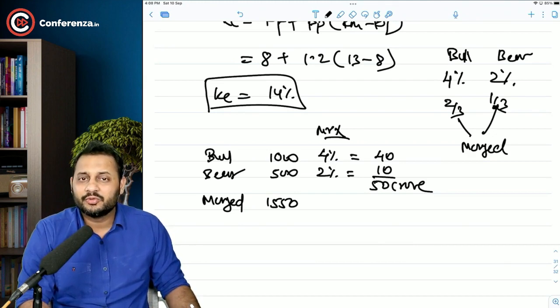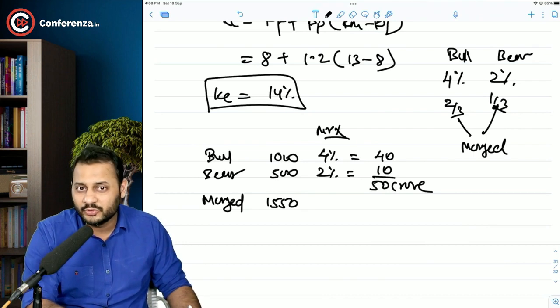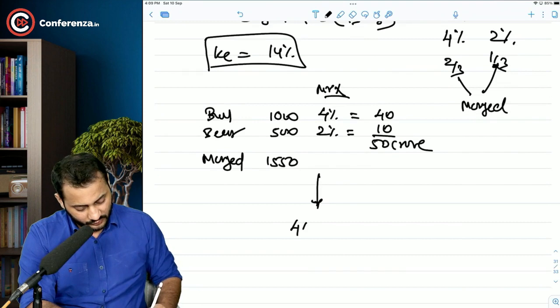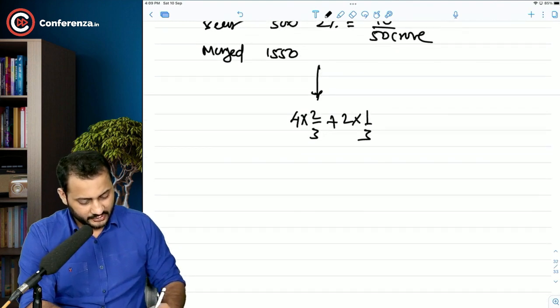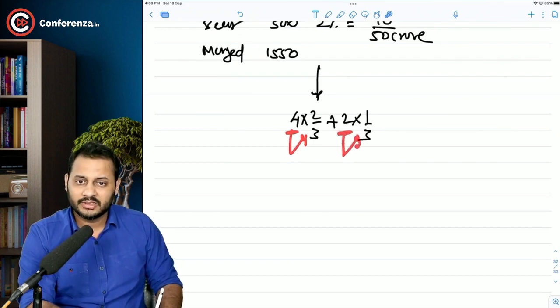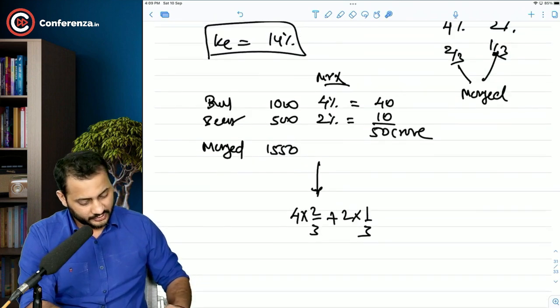So we are just going to calculate the portfolio or weighted average proportion. 4% into 2/3 plus 2% into 1/3. Whatever he was holding in Bull Limited will be multiplied by this weight, and whatever he was holding in Bear Limited will be multiplied by this weight. It comes to 3.33%.